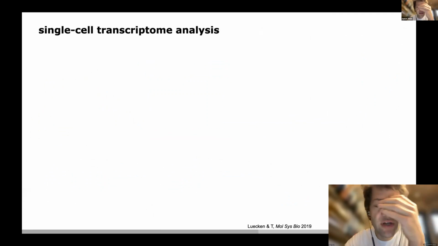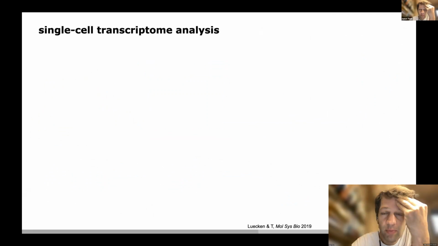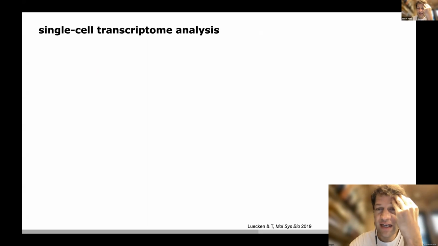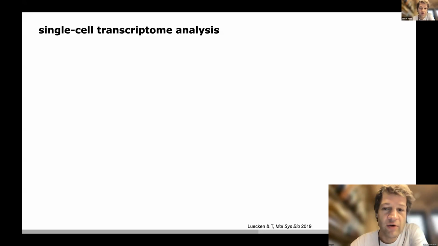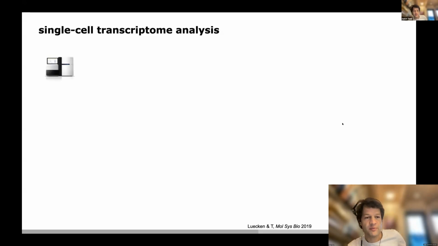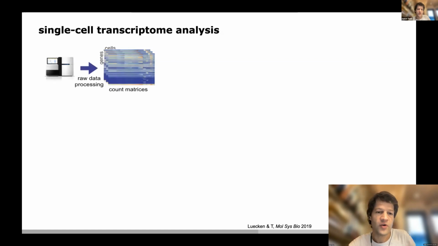So how do you do single-cell transcriptome analysis? There's a whole bunch of pre-processing, and it's quite exciting and interesting that we had to redo simple stuff such as clustering again and again, even though you would think this had been solved 20 or 50 years ago. But there are peculiarities that need to be adapted. So we reviewed this a bunch of years ago, where essentially you first do data processing.